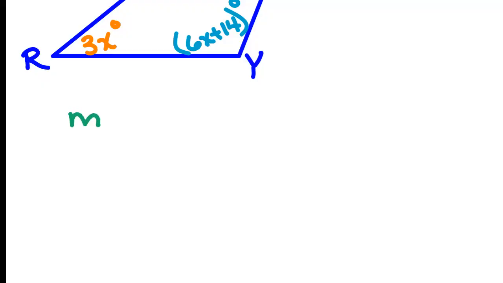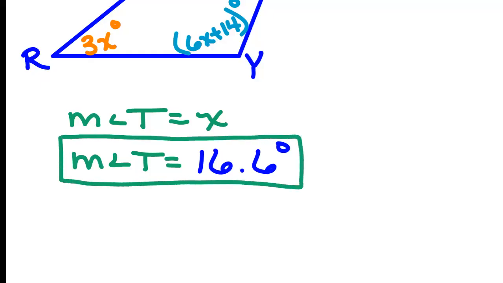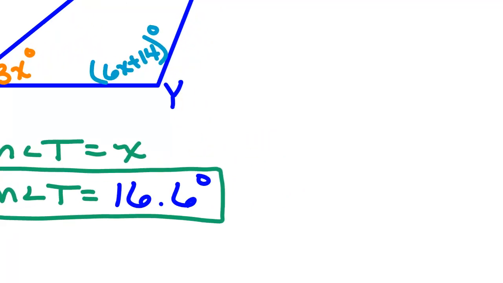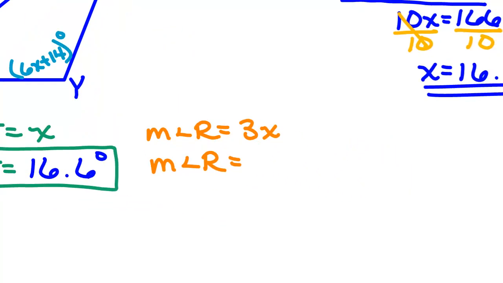So that means the measure of angle T, which is just x, is 16.6 degrees. The measure of angle R, which is 3x, would be 3 times 16.6.